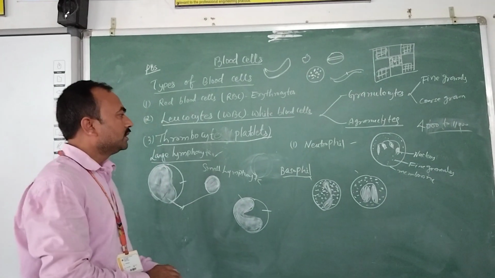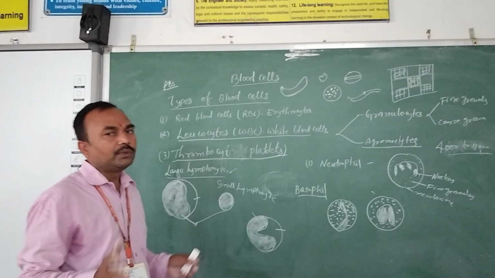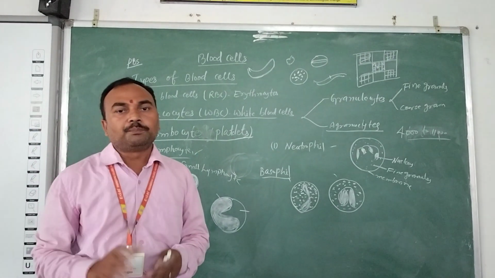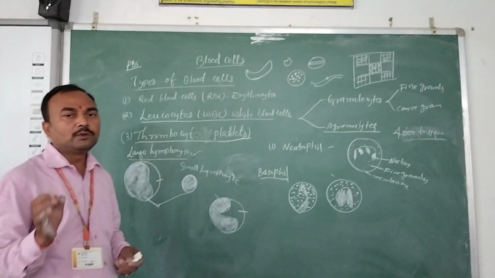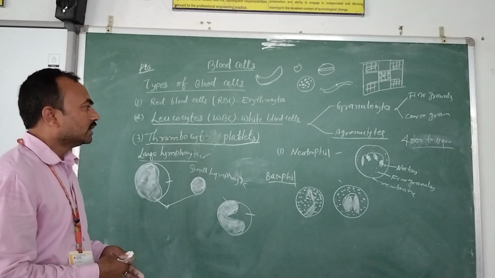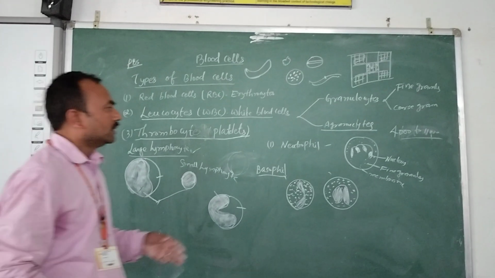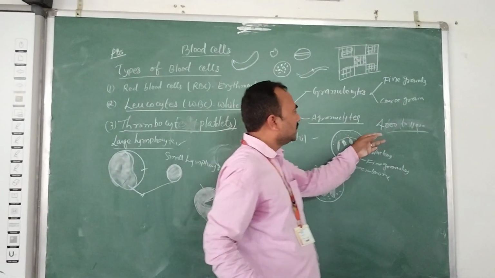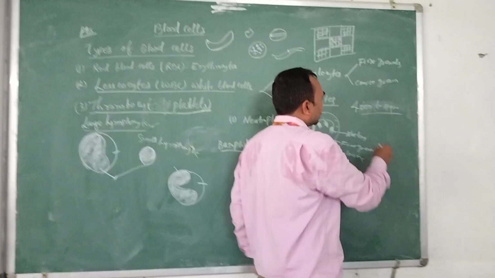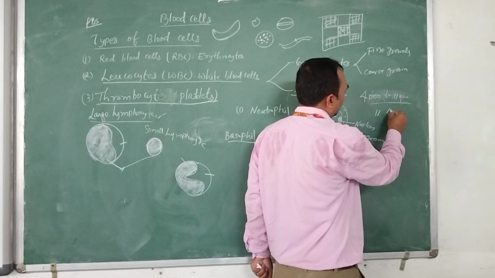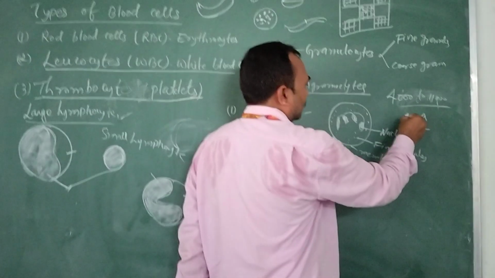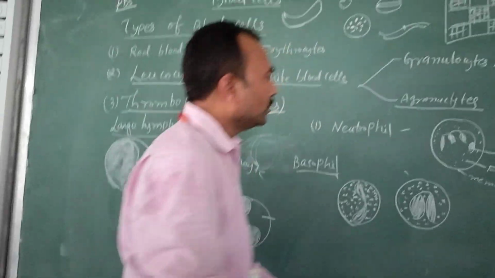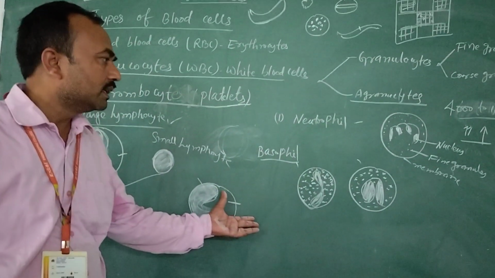Now, the question is, how can we write the peripheral blood smear comment on WBC cells? Just imagine the WBC count is higher than 11,000. In that condition, we have to look at the differential count also in the PBS.